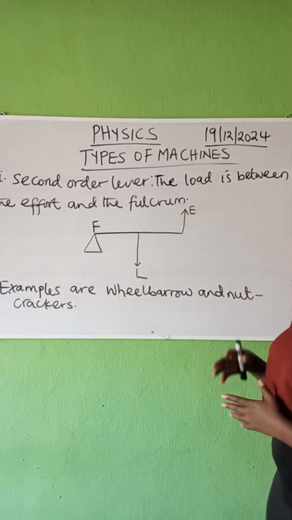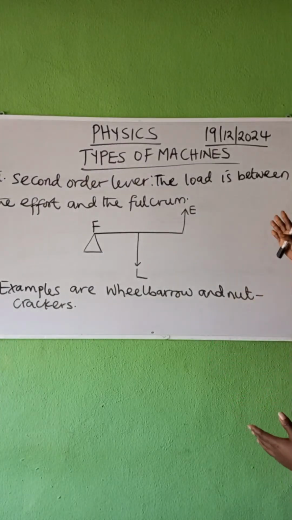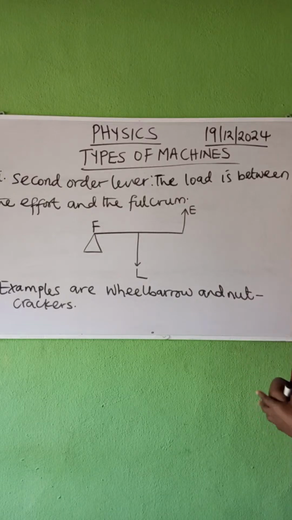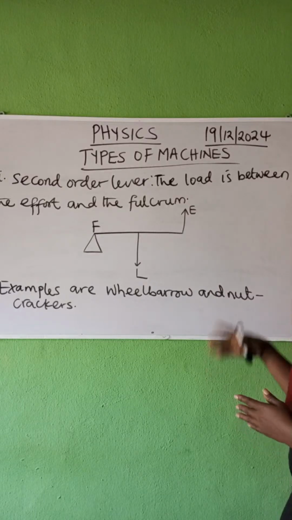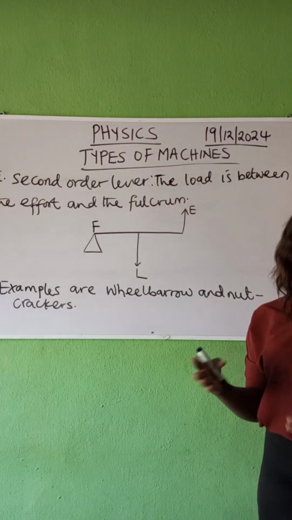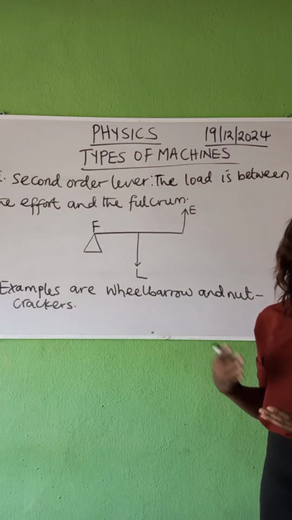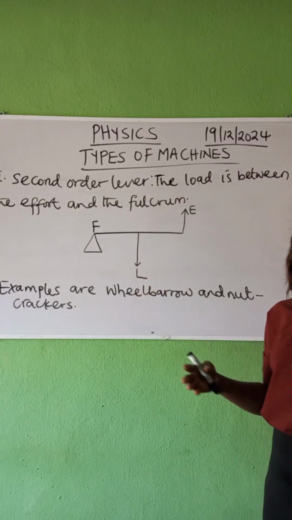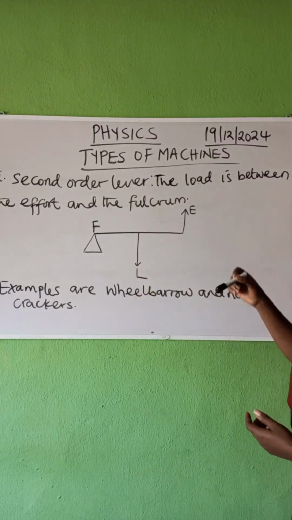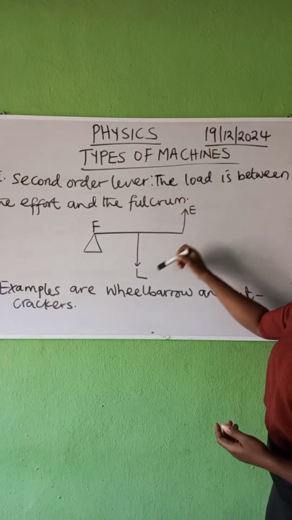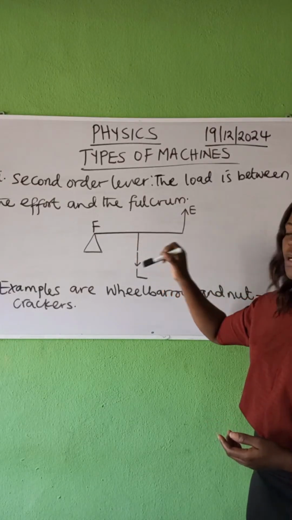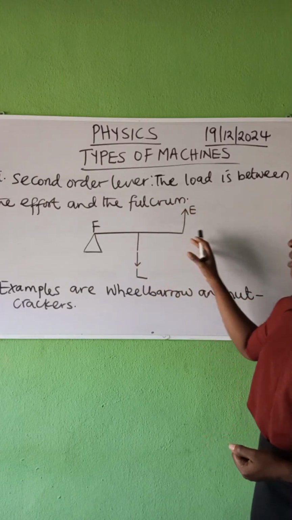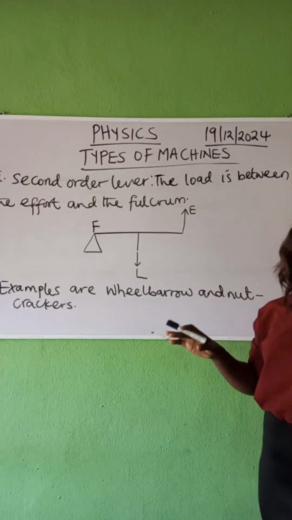The second part of this lever is said to be what? Second order lever. Now, in this one, the load is between the effort and the fulcrum. You can call it fulcrum, you can call it pivot, you can also call it knife edge. I've explained what each of them means, but they mean the same thing in different concepts. Okay. Now, when we have the effort, the load, and the fulcrum, what is between the effort and the fulcrum? It becomes the load. So this type of lever is classified as second order lever.